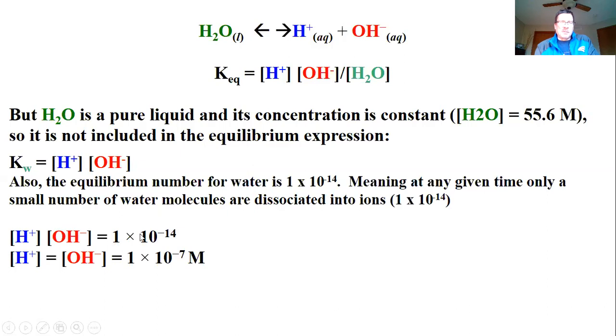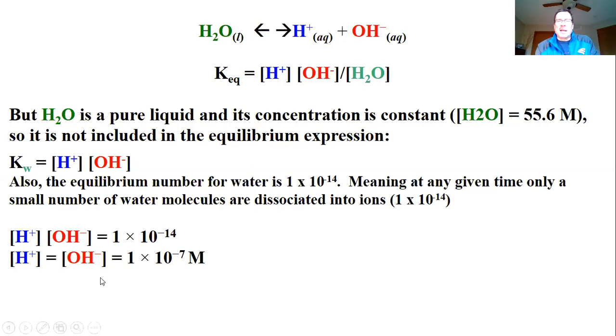Now, since these are equal, and that's our equilibrium expression, it means that in pure water at any time, I have 1 times 10 to the minus 7th molar. So that's my concentration of hydrogen ions, always 1 times 10 to the minus 7th in pure water. Nothing dissolved in it. Also the same for my hydroxide ion concentration. That's the start.